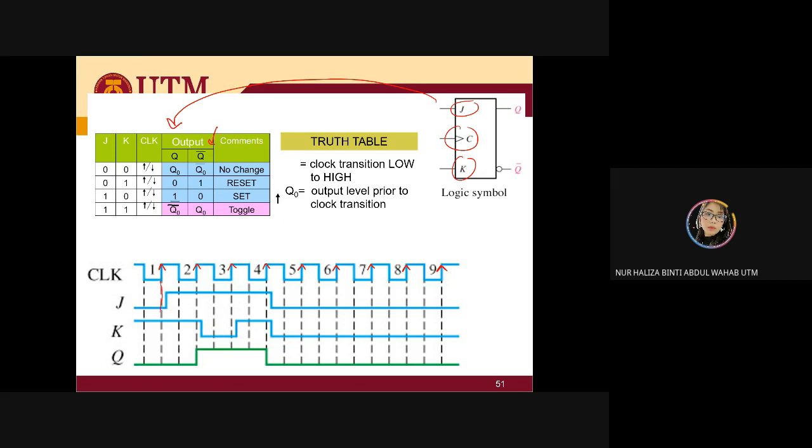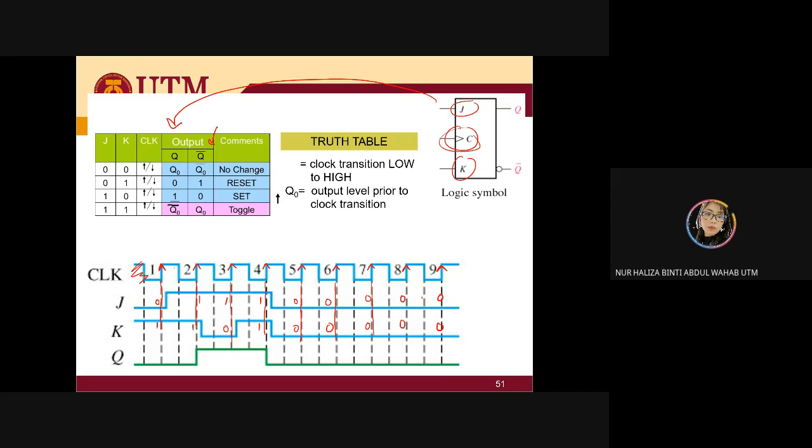So here, 0, 1. Here, 1, 1. Here, 1, 0. Here, 1, 1. Here, 0, 0. Here, 0, 0. This one is also 0, 0, 0, 0, 0, 0. Okay, done. I already drew the dotted lines for my positive clock.